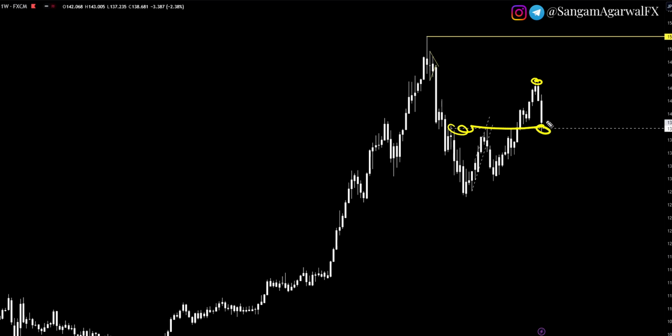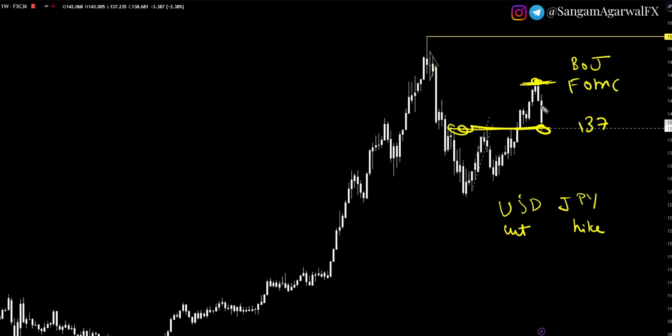Right now price is testing the key support level 137. This is your strong support and it can stay sideways till the FOMC meeting, and for this pair to go down, Fed needs to cut interest rates and Bank of Japan needs to hike interest rates. So investors have already sold this pair before this central bank monetary policy.